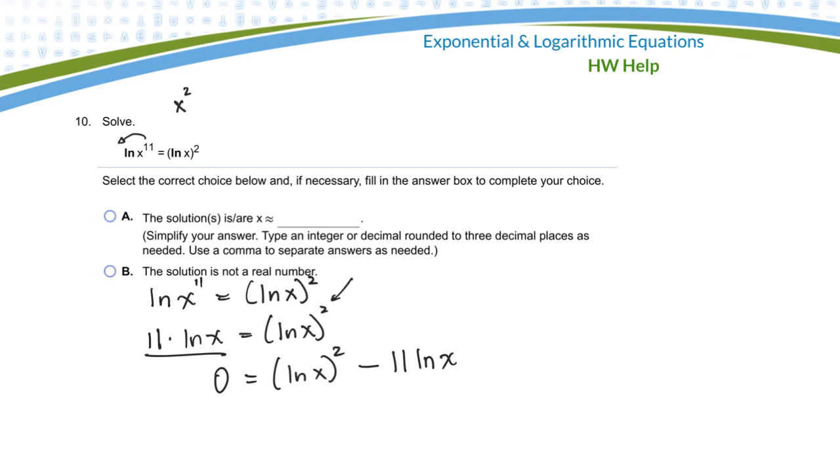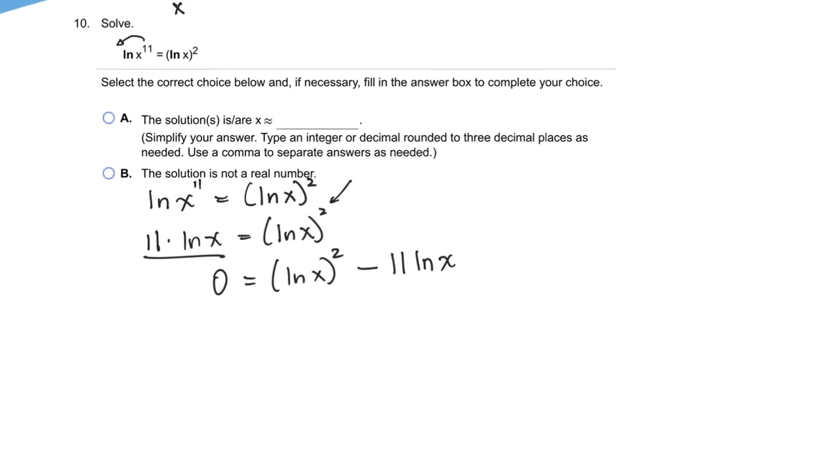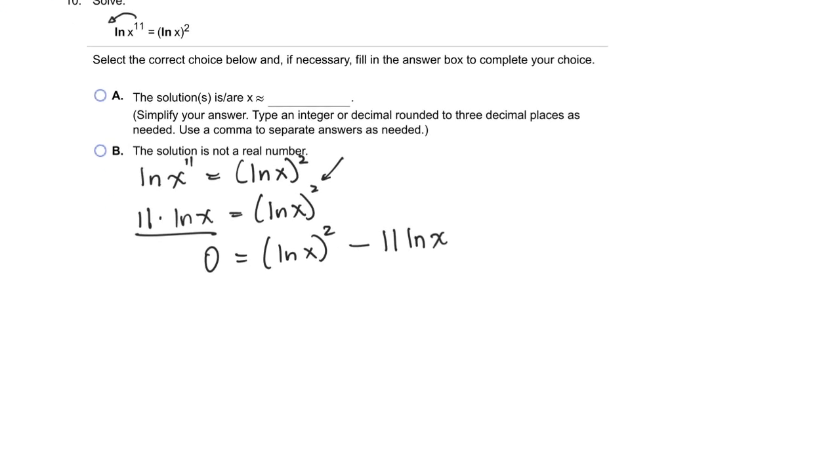Now here, I need to factor, and each of those have a ln of x. So I'm going to factor out a ln of x. So I have 0 is equal to, factor out ln of x, and that'll leave me with ln x minus 11. I think that looks correct.